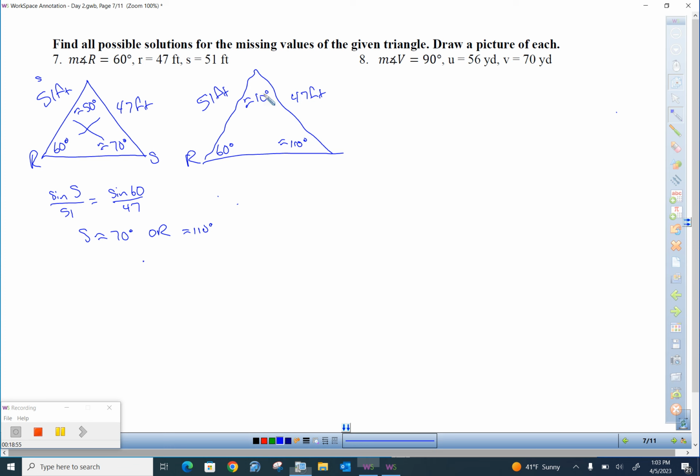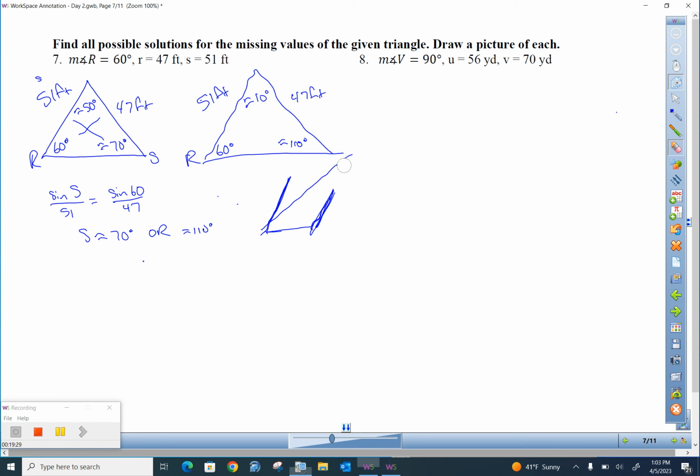If I was drawing this realistically, this 51 would still be going this way. Here would still be a 60 degrees, that's rigid. But this 110, in order for it to work, would have to go this way. And in order for this number to work, we'd have to have this go really, really long for that 10 degree angle to show up.